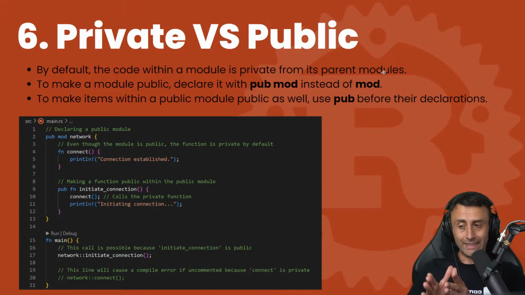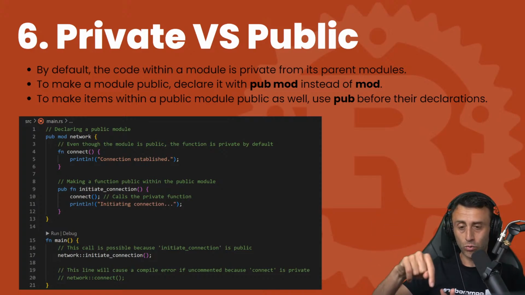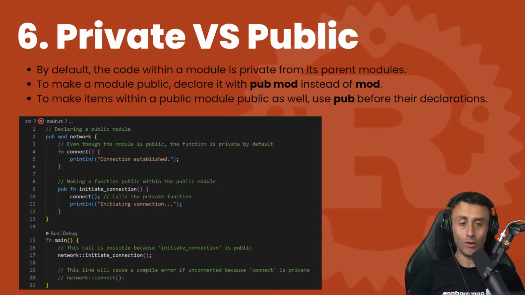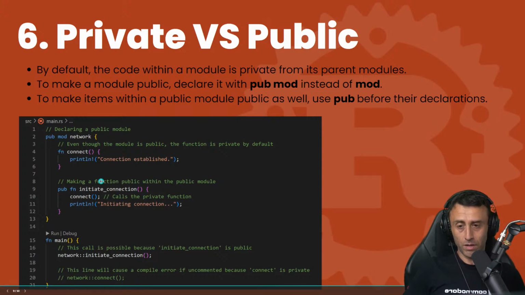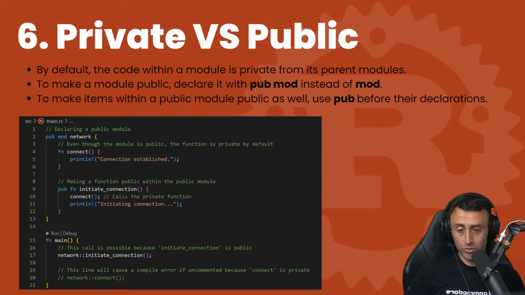The fact that a module is public doesn't make the functions inside that module public by default. It's the opposite. They are all private by default. This might sound strange, but let's see an example. To make items in a public module available publicly, you also need to add pub before their declaration.